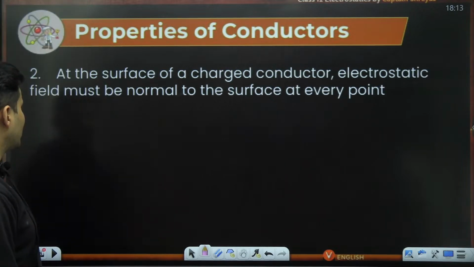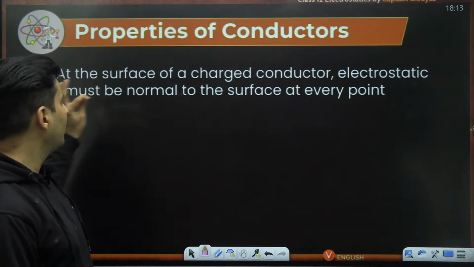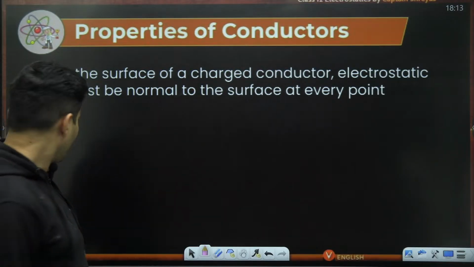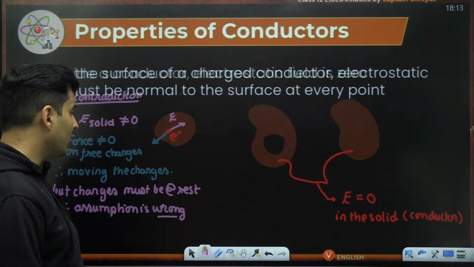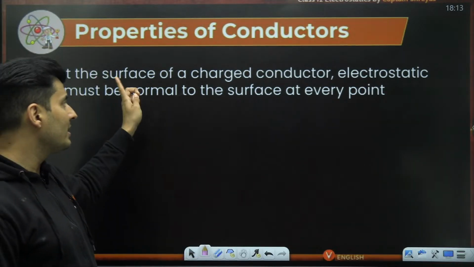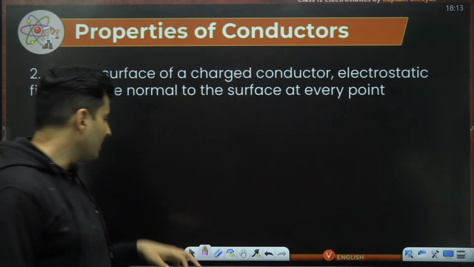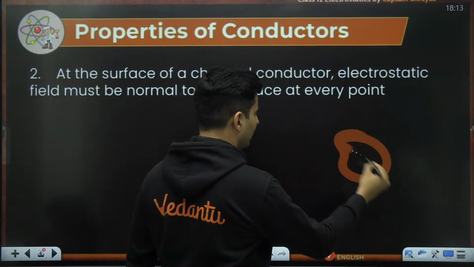Next important thing. At the surface of the conductor, the electric field, see this is outside now. Inside the conductor, the field is zero. But on the outside, the field at the surface is always perpendicular at every single point. So say for example, this is your conductor.